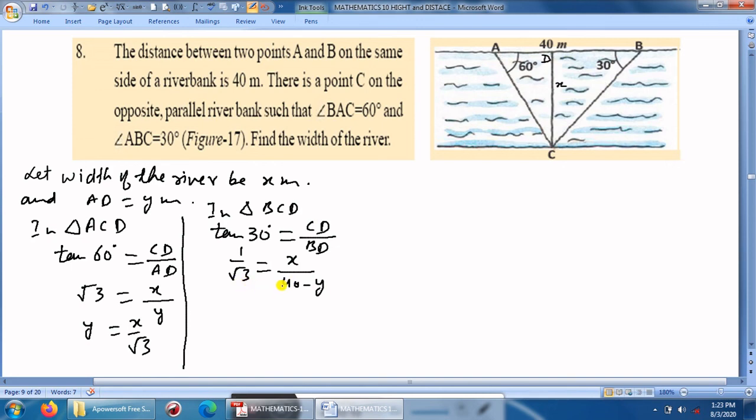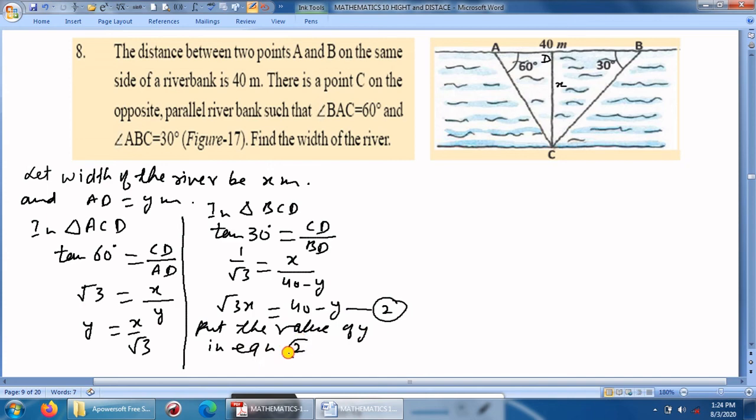Now what will happen? Do the cross multiplication. So it will be root 3 of x is equal to 40 minus y. Put the value of y in equation second. What will happen in this?